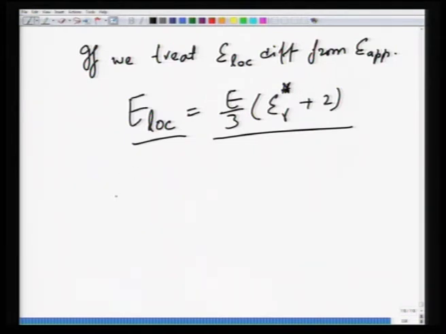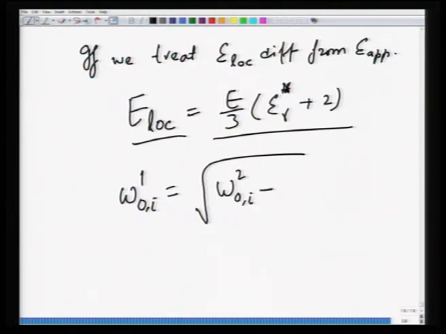So, omega naught prime, let us say the changed frequency because of this E local, is now omega naught I square minus n E square divided by 3 m. This is at the electronic level, of course.